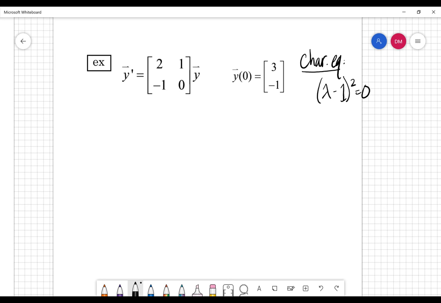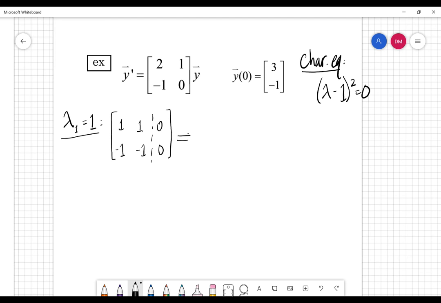So here, obviously, you get a repeated eigenvalue of 1. So we're going to evaluate A minus the lambda identity matrix, which will give us 1, 1, -1, -1. I'm going to augment that with 0, 0. As you can see, row 2 is going to be pretty useless to us.